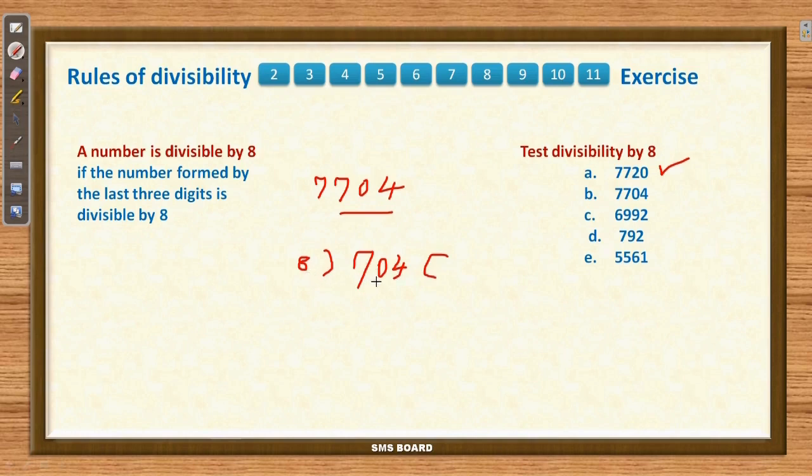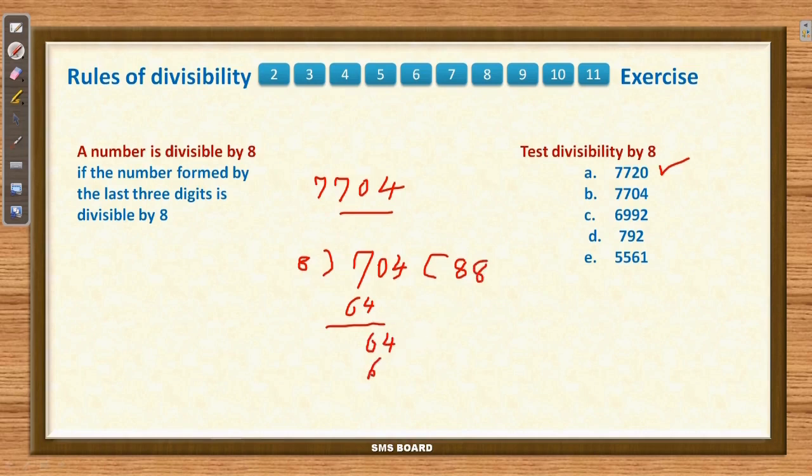Then 70. Out of 70 we have 8 times, that means 8 multiplied by 8 is 64. Then the remainder is 6. 10 minus 4, 6. Out of 64, 8, again 8 times, so 64.